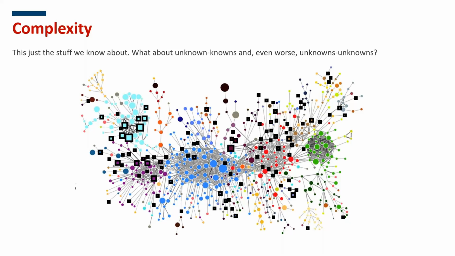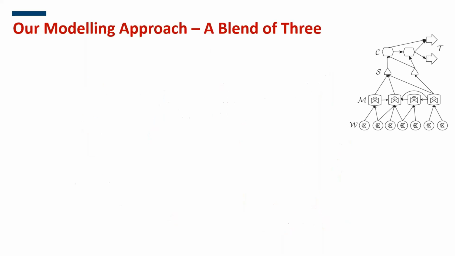What about the unknown unknowns? As we can all remember, I'm sure, from Donald Rumsfeld's less than coherent speech. So there's a whole lot of stuff we don't know about. How do we capture that? How do we capture the uncertainty that's in the structure of our complex infrastructure projects?